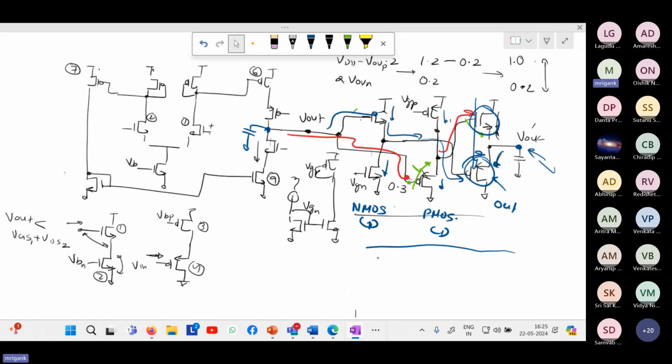If the bias current in the NMOS and PMOS are not very high, then the gm will be relatively lesser, and as a result, you will get comparatively lesser gain. So the 2 stages that we have here will lead to some degradation in the gain. It may be a factor of 0.5, it may be a factor of maybe even bigger. So there will be some significant reduction. Is that clear? Any question before we proceed further?